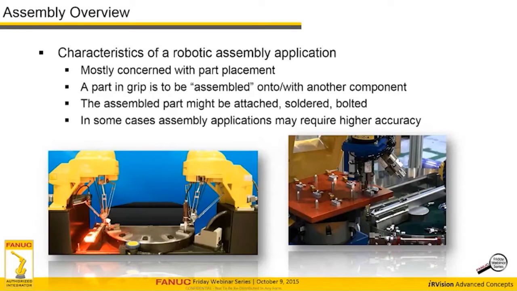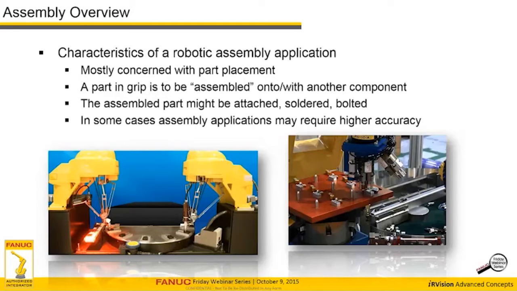Well, as I thought about it more deeply, I realized that really robotic assembly is mostly concerned with part placement, whereas a lot of our applications are concerned with picking a part and getting that part out of somewhere, and then we're maybe less concerned about how it gets placed. Certainly maybe still need precision with the placement, but in assembly, pretty much all of it's about part placement.